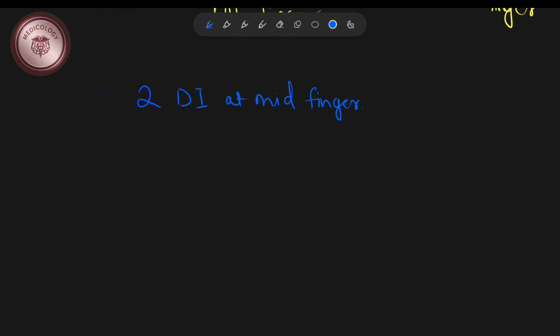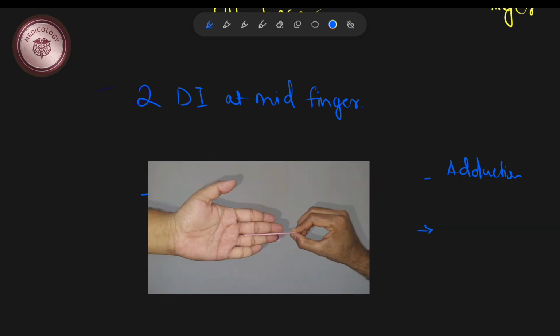There is also a card test. What is a card test? It shows adduction. We ask a patient who has an ulnar nerve injury to hold a card between the fingers.